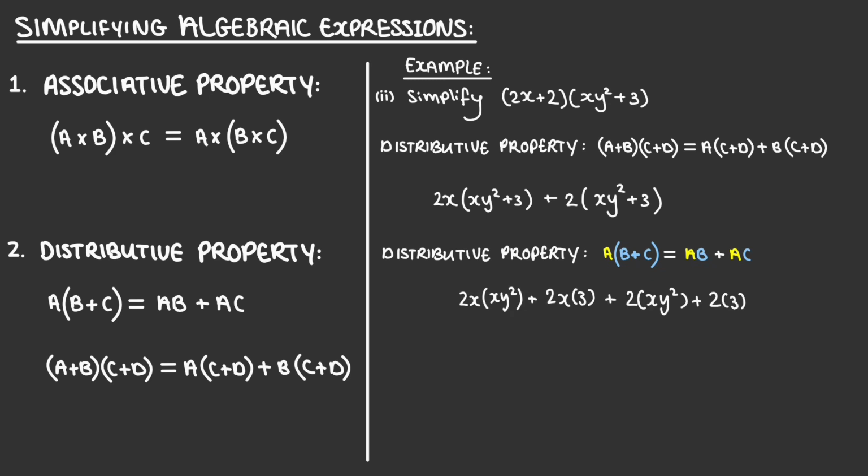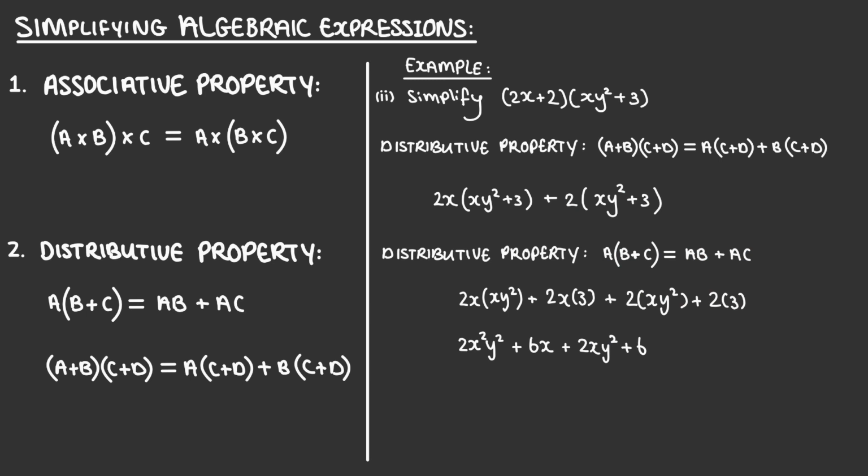So now we multiply 2x by xy squared and add this to 2x multiplied by 3. So then for the second term of the expression, we multiply 2 by xy squared and add this to 2 multiplied by 3. We can now simplify this as 2x squared y squared plus 6x plus 2xy squared plus 6.